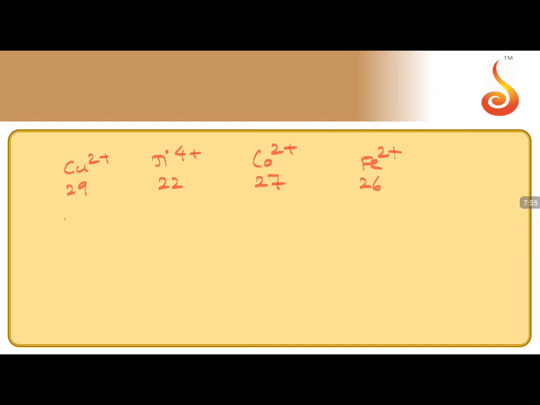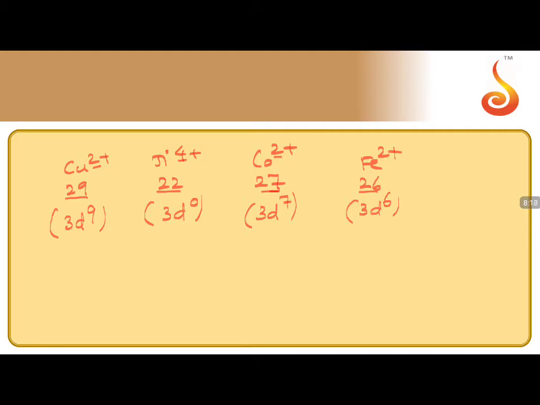So the electronic configuration of this one will be 3d9, and this will be 3d0. Cobalt 2+ is 3d7, and iron 2+ is 3d6 configuration.